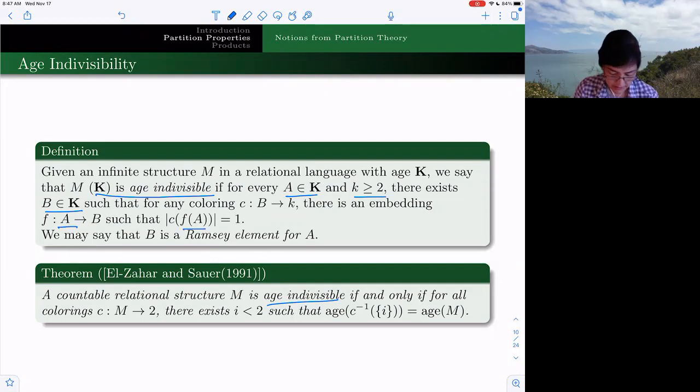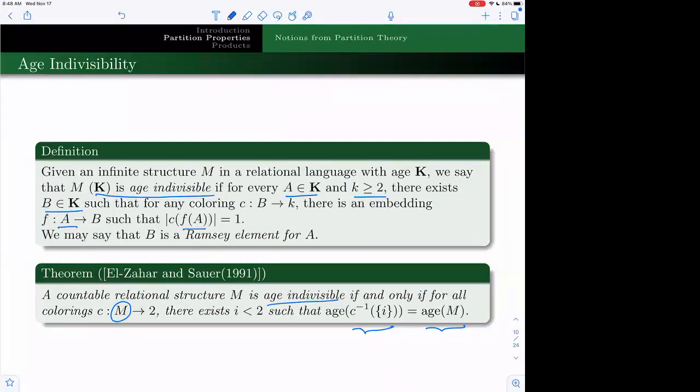In the El-Zahar and Sauer paper, they say B is a Ramsey element for A. Now this is equivalent to coloring the points in an infinite structure with that age with 2 colors, if you like, it's equivalent to K colors, and then within one color you're getting all the finite structures embedded that should embed in M. From here on out, our languages are relational.